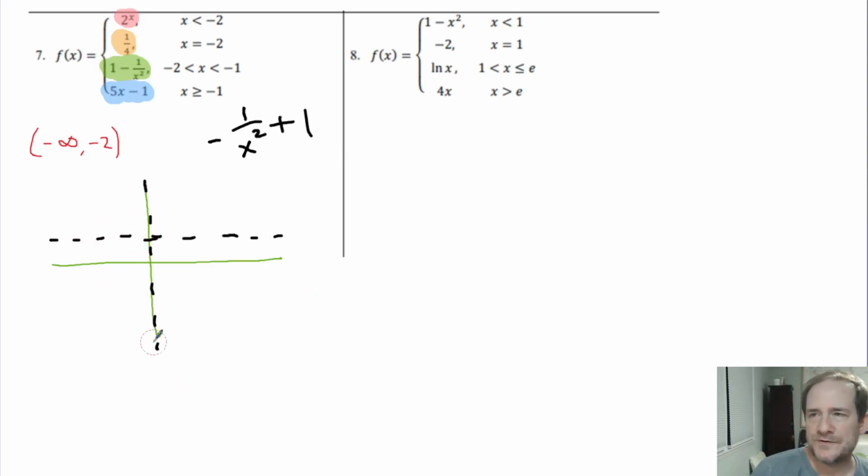But this asymptote that's at 0, look at where we're being defined. We're only being defined from -2 to -1. And within that window, I'm just going to see a little chunk of hyperbola doing its thing, right? Because the only discontinuity this function has is at 0, and I did not give you an interval that included 0.